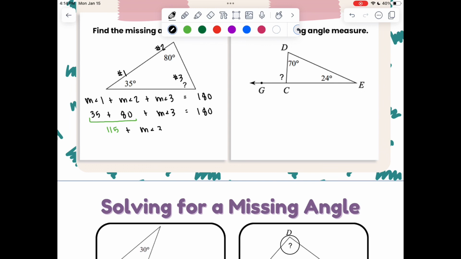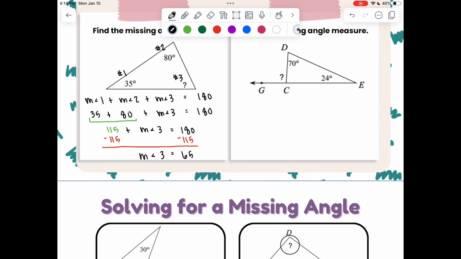So my little equation now is really just a one-step equation, because I have 115 degrees taken up by two of the angles, but I need to figure out what's left over. So I'm going to subtract 115 from both sides, just like I would in any regular equation, and I end up with 180 minus 115 to find out that the measure of angle 3 has to be 65 degrees.